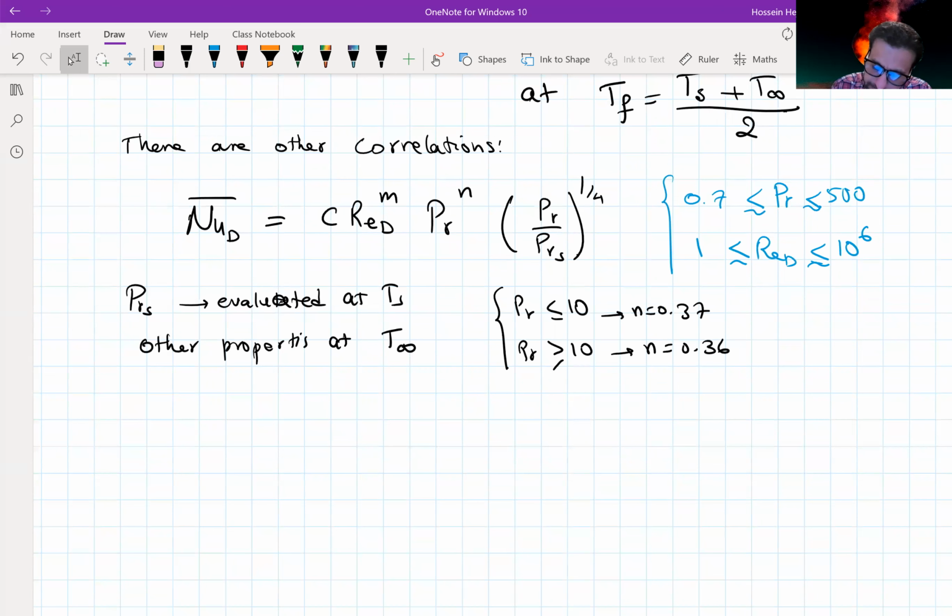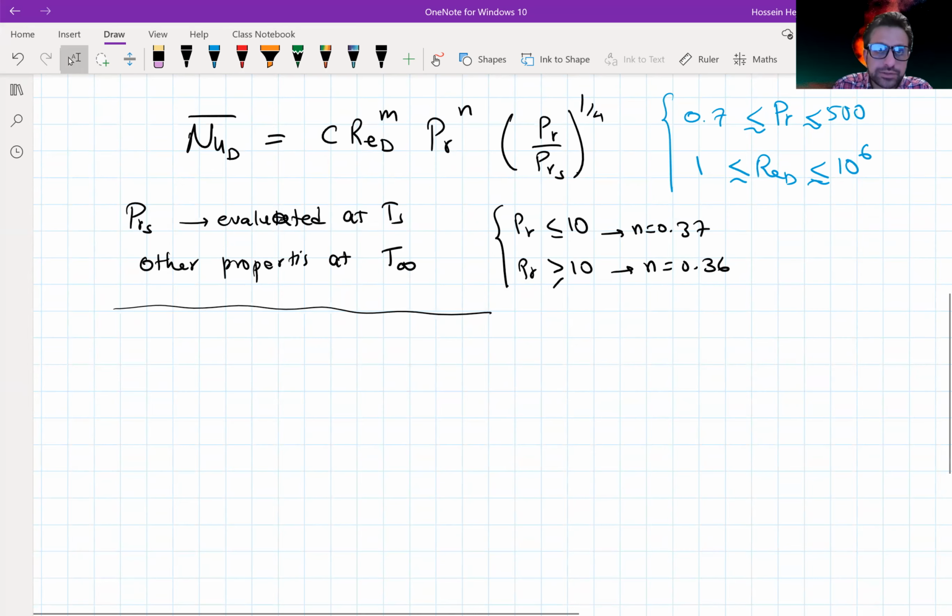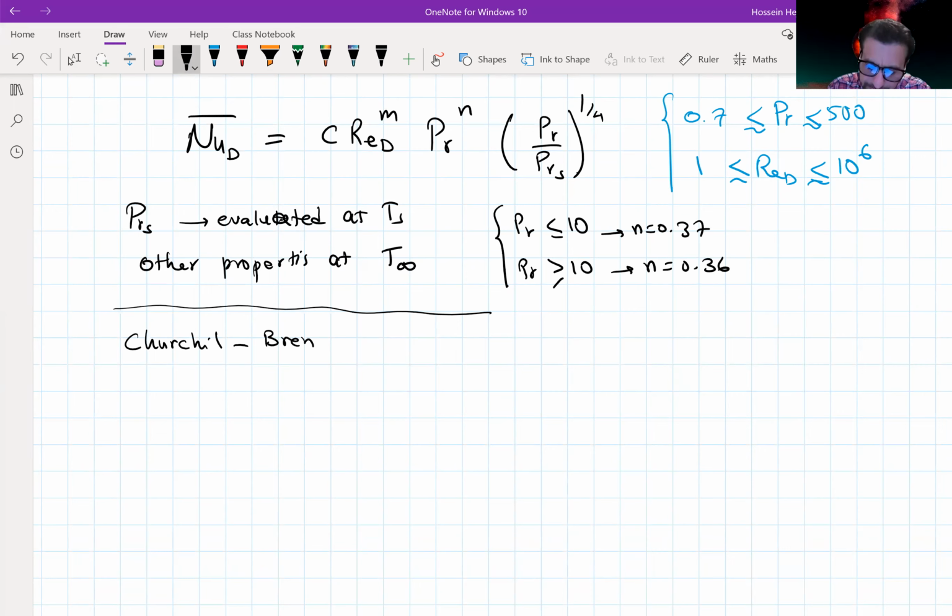There is another correlation, the Churchill-Bernstein equation, and that's valid for a wide range of Reynolds number and Prandtl number. The average Nusselt number is 0.3 plus 0.62 Reynolds number D to the power of 1/2, Prandtl to the power of 1/3, divided by [1 plus (0.4 divided by Prandtl) to the power of 2/3] to the power of 1/4, times [1 plus (Reynolds number divided by 282,000) to the power of 5/8] to the power of 4/5.